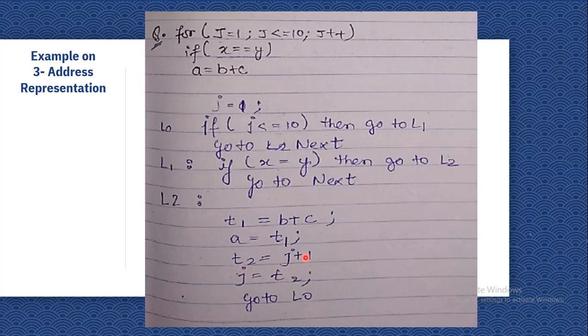Why this j plus 1? This j plus 1 is the increment of this statement. And then again go to L0. So with the help of this go to L0, we are maintaining the loop also.